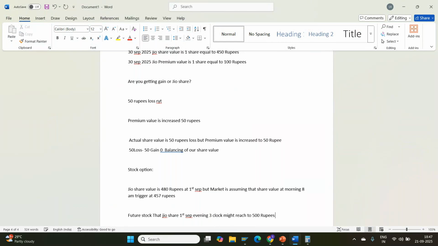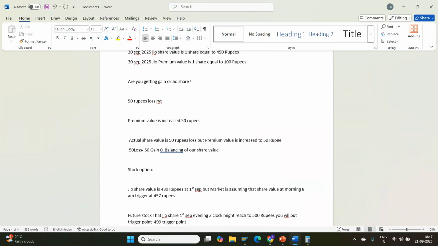You will put a trigger point. How will you put the trigger point? Below 499 you will put a trigger point. Why will you put a trigger point? Automatic sale. Do you know the type of stock options, future options?